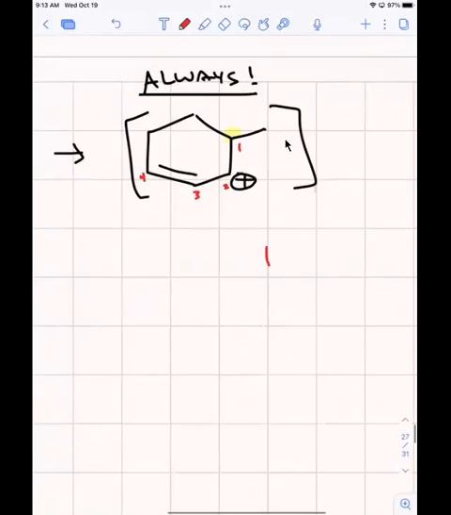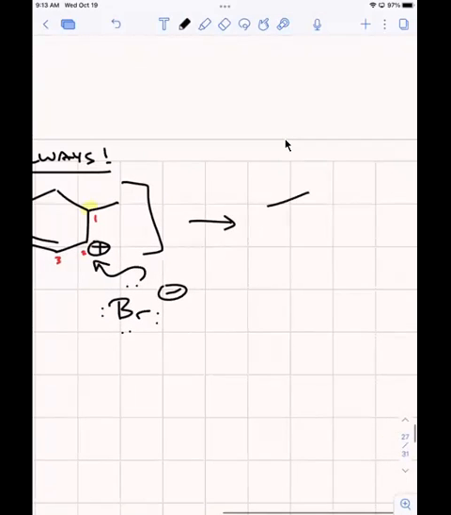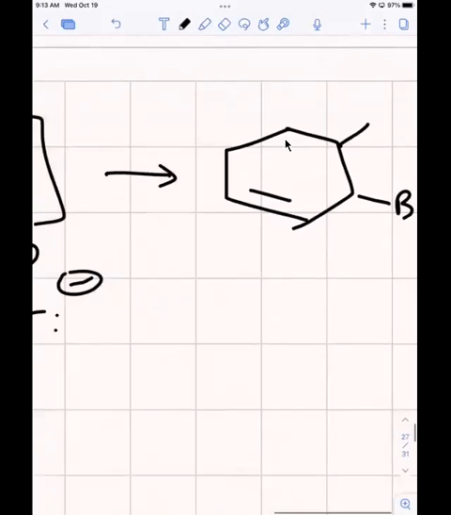So here the bromine can come in. It's negative. It can attack directly right there at that carbocation, and that'll give me this product. And again, if I number it, this is 1, that's 2, that's 3, and that's 4.